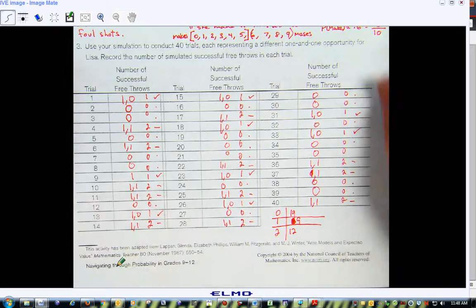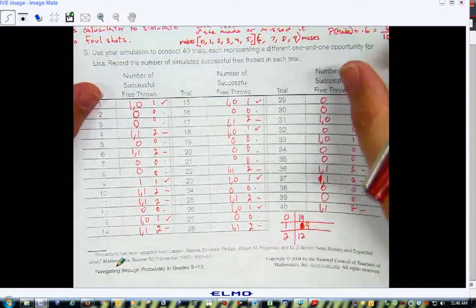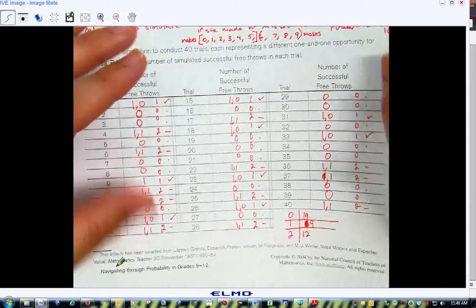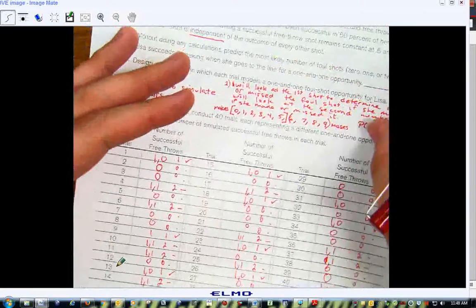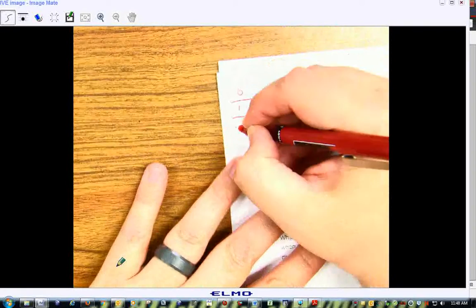And then when you're done with that, flip over to the next page, and you might want to recopy your tally sheet at the top. Like, for example, 0, 1, 2. I know it was 19, 9, and 12.